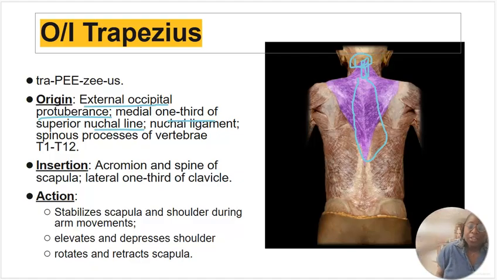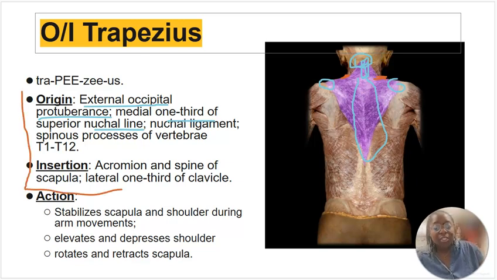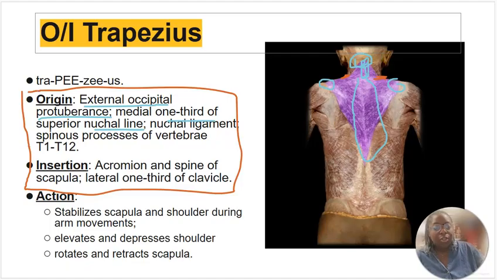And so the insertion is going to be the acromion and spine of scapula, right? So going out this way, as well as the lateral third of the clavicle, which is seen on the anterior side, but just along this kind of axis here. And so once again, we see a lot of origins and a lot of insertions. So once again, like I say, pick your flavor.